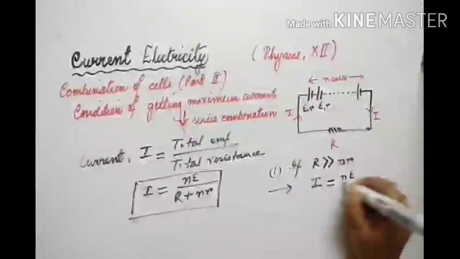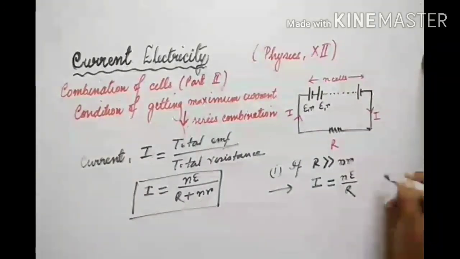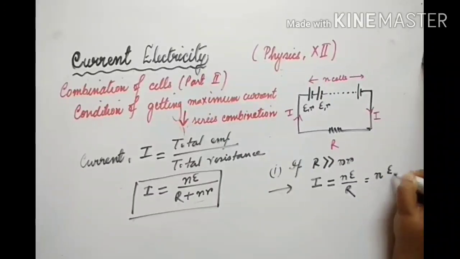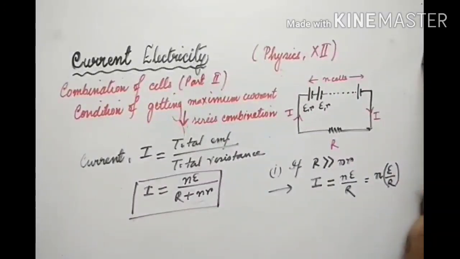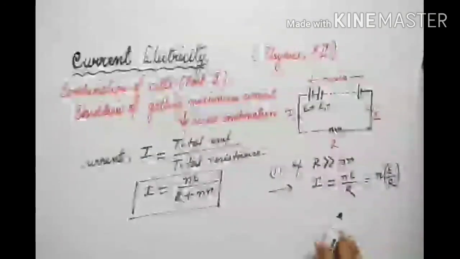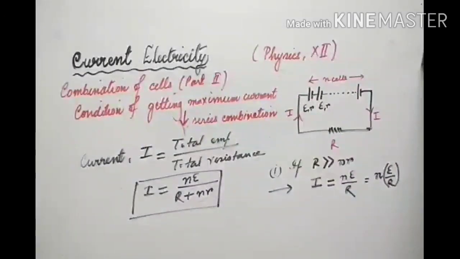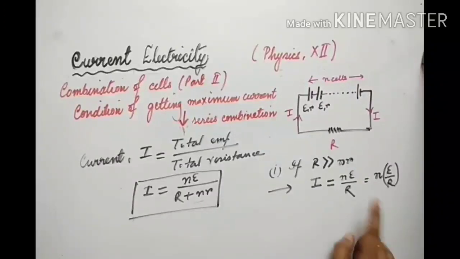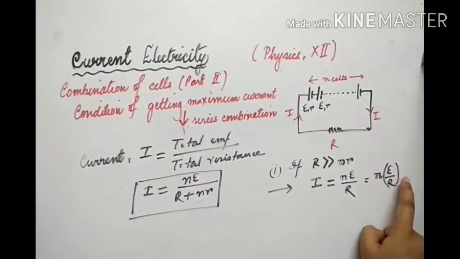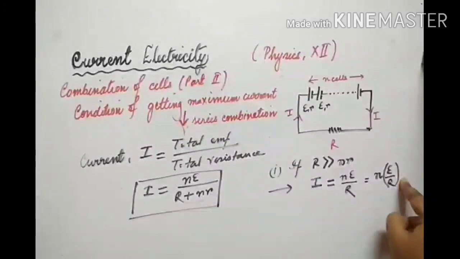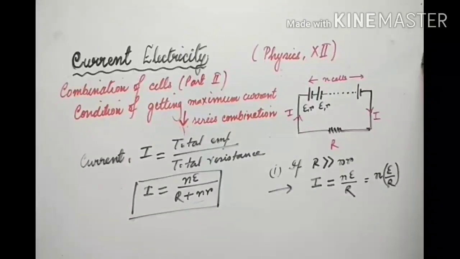So you can write nE by R. That means you can get maximum current when you take the external resistance R much greater than the internal resistances. In that case you will get n times the current that can be drawn from one cell.